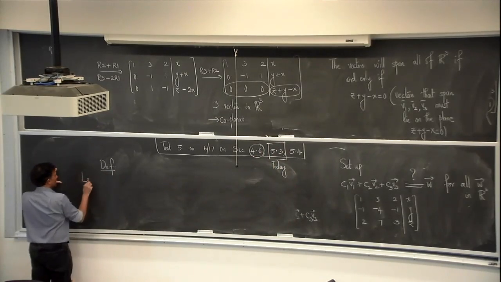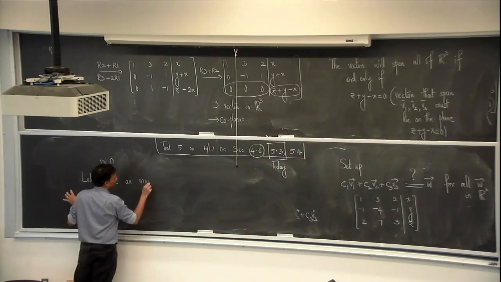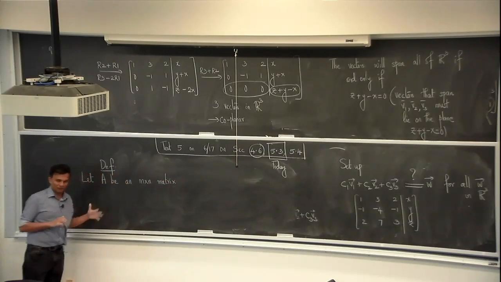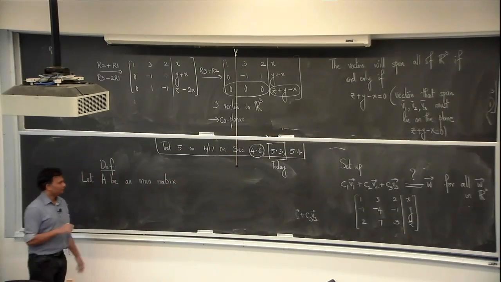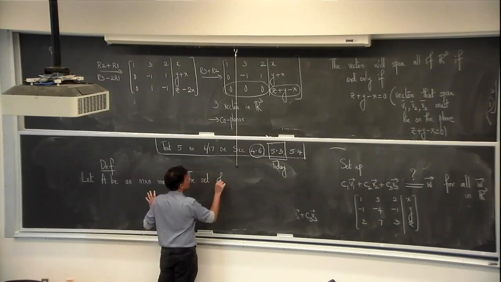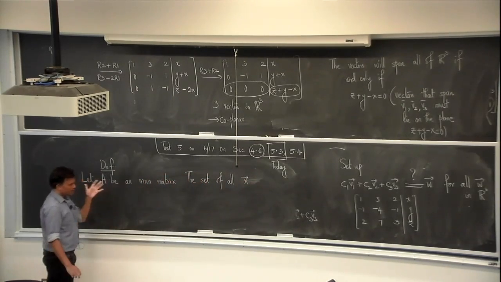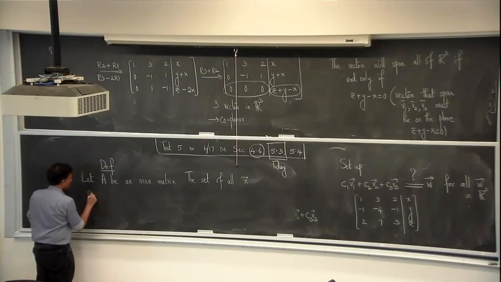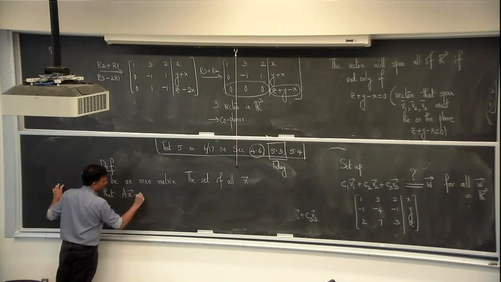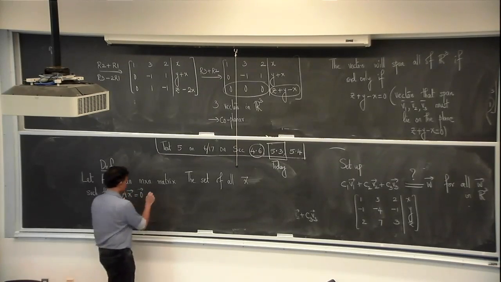Let A be an m by n matrix. So we are back to the world of non-square matrices. The set of all vectors x such that A times x equals the 0 vector is a subspace of Rn.